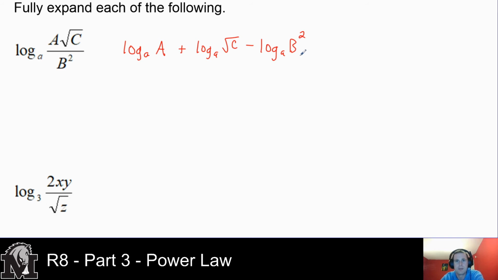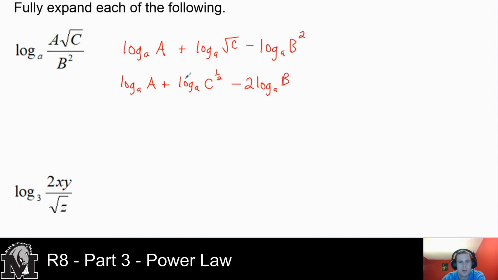Now if we want the full expansion, this exponent has to be written out in front. So log base a of a plus log base a, and this root c is the same as c to the power 1/2, just like we had in our previous example. And then minus 2 log base a of b.